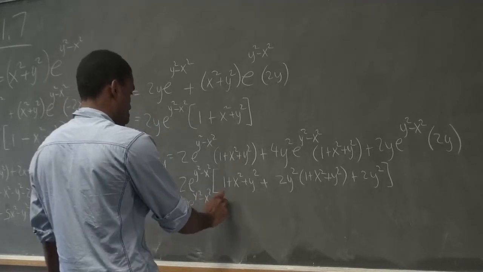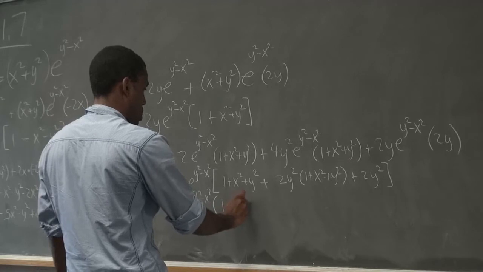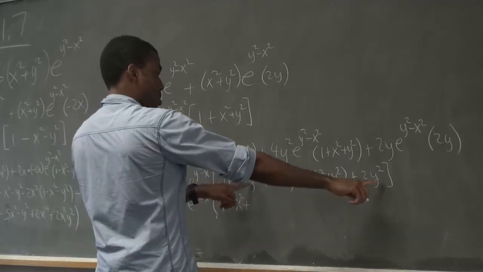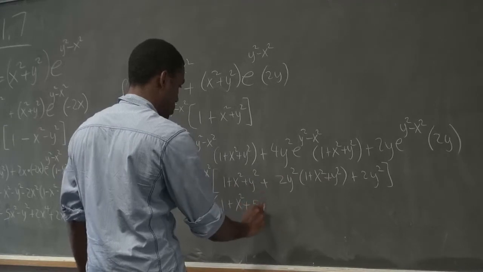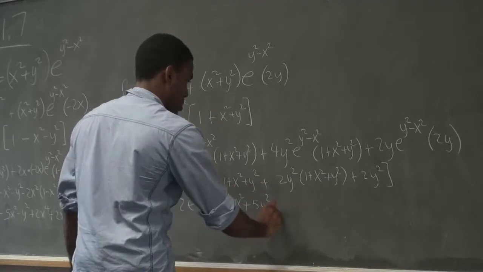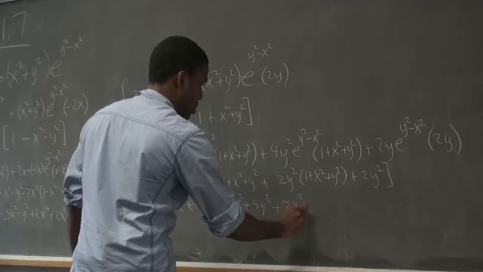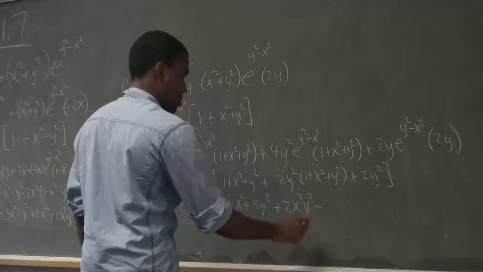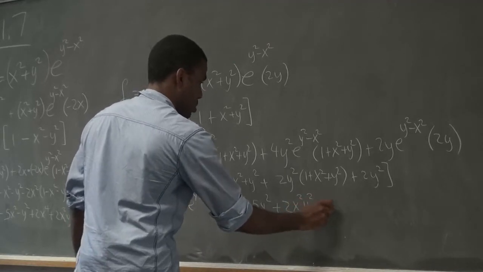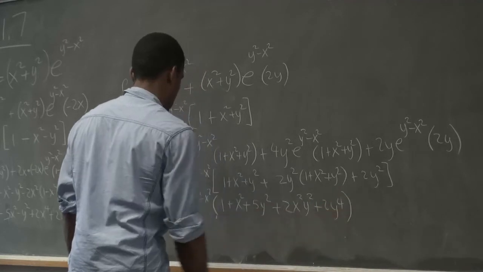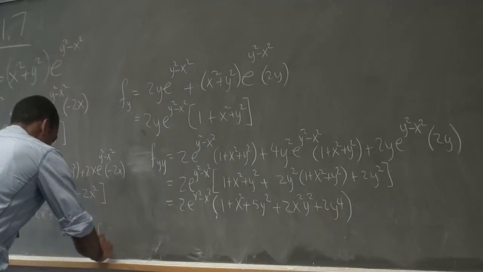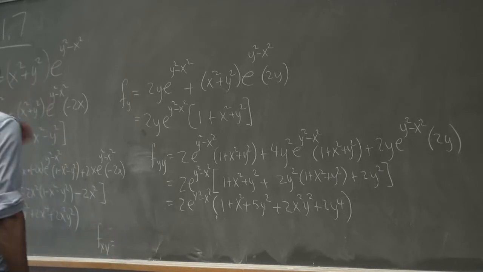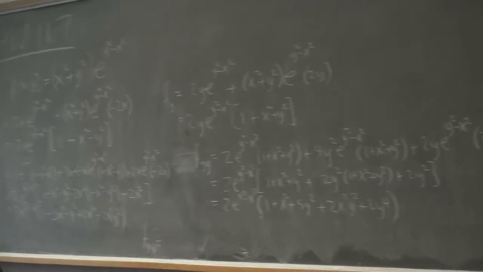This is 1 plus x squared plus 3y squared, times 2y squared, plus 2x squared y squared plus 2y to the fourth.